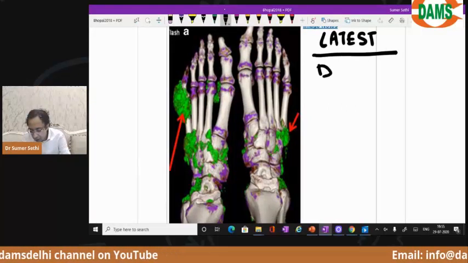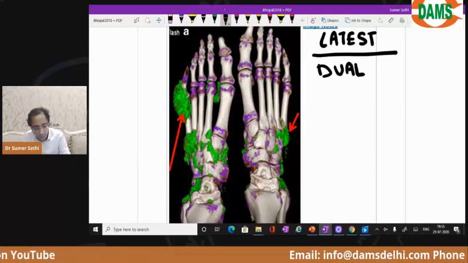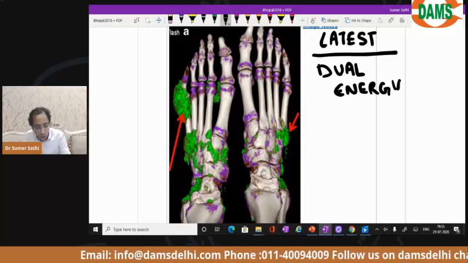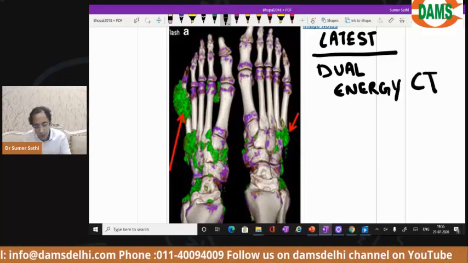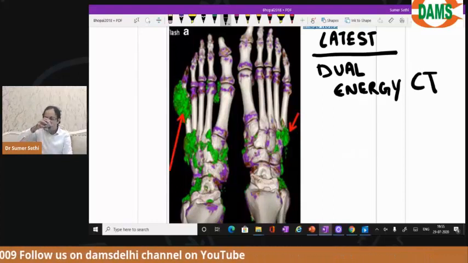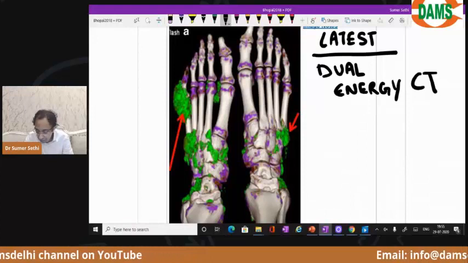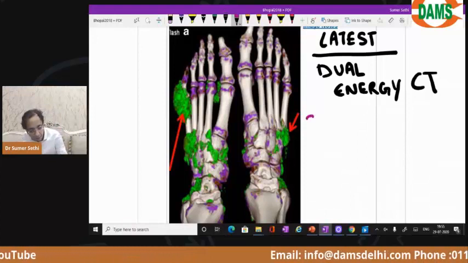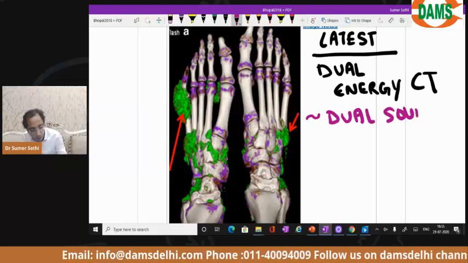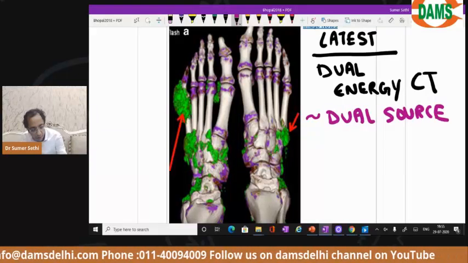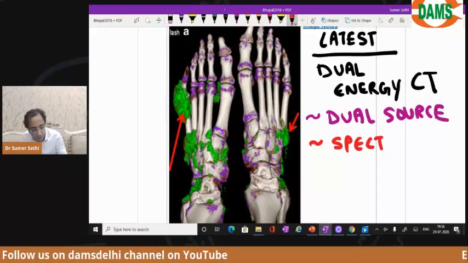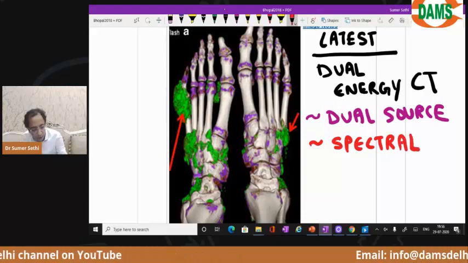This is called dual energy CT. Also, we can call it dual source CT, or we can call it spectral CT.